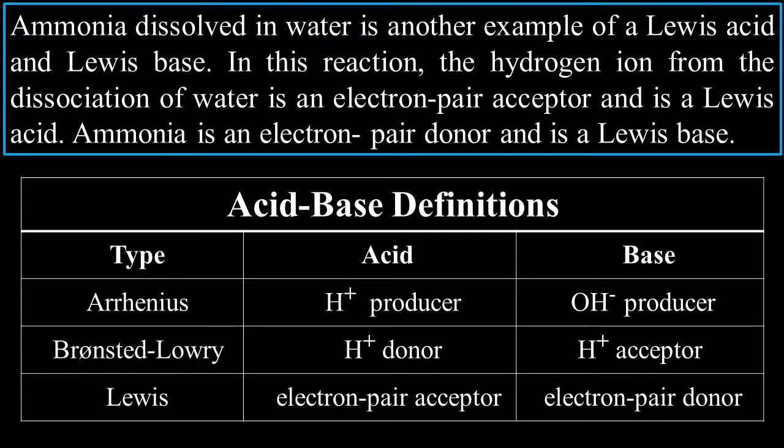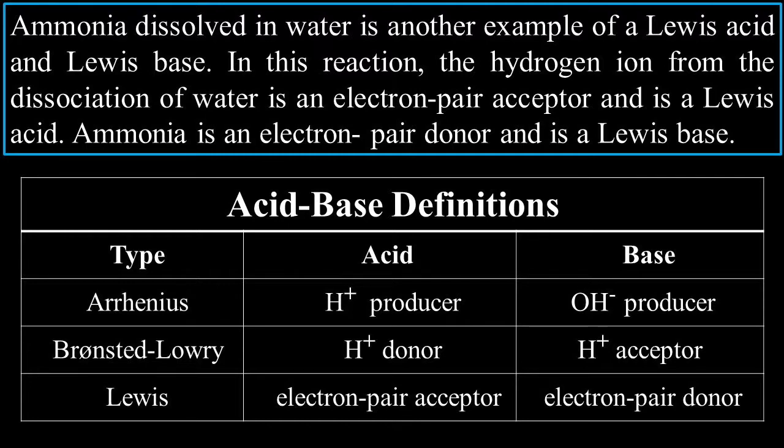Ammonia dissolved in water is another example of a Lewis acid and Lewis base. In this reaction, the hydrogen ion from the dissociation of water is an electron-pair acceptor and is a Lewis acid. Ammonia is an electron-pair donor and is a Lewis base.